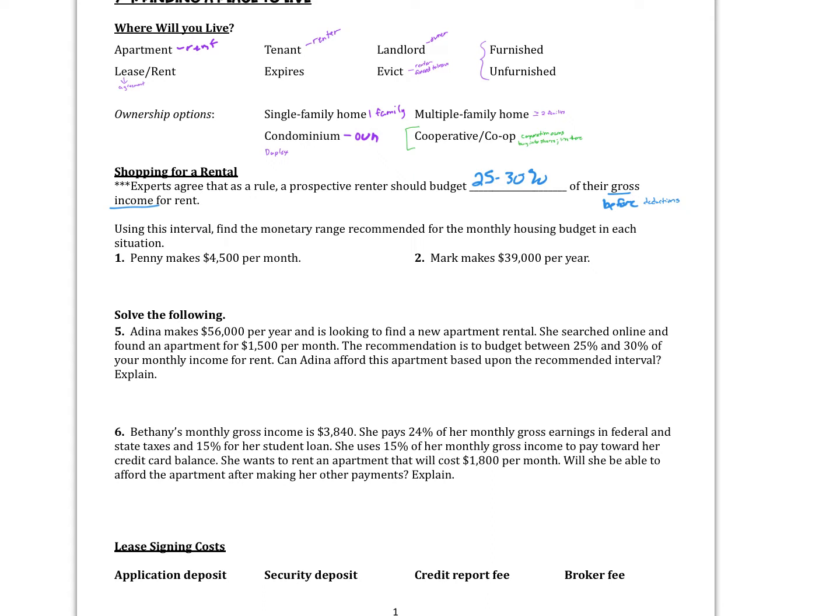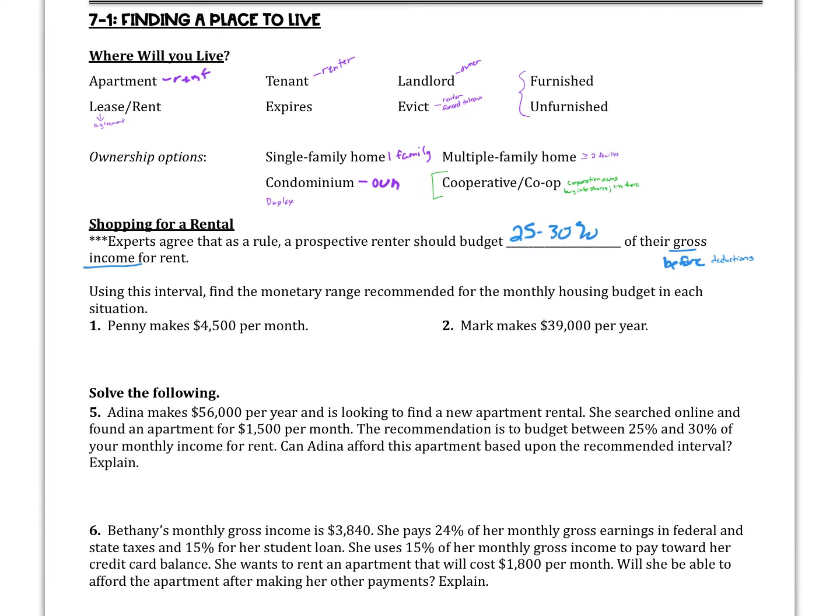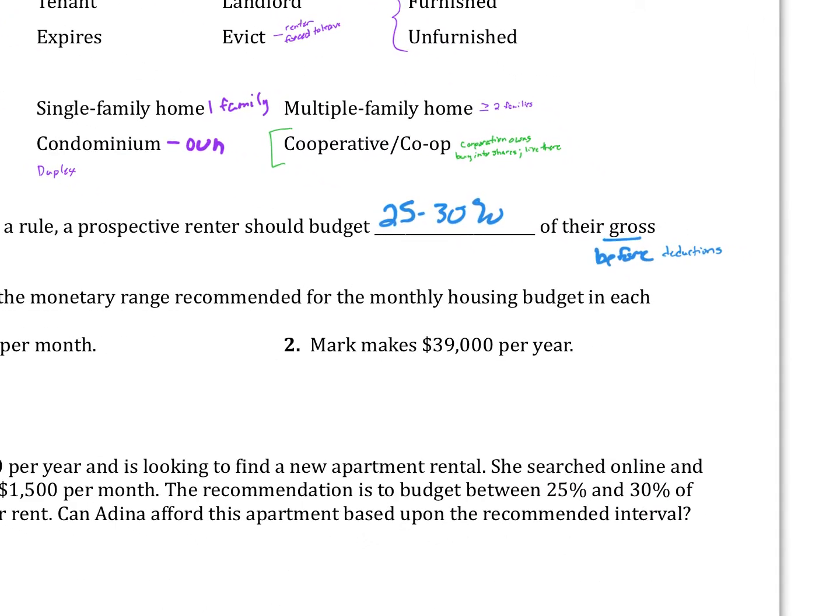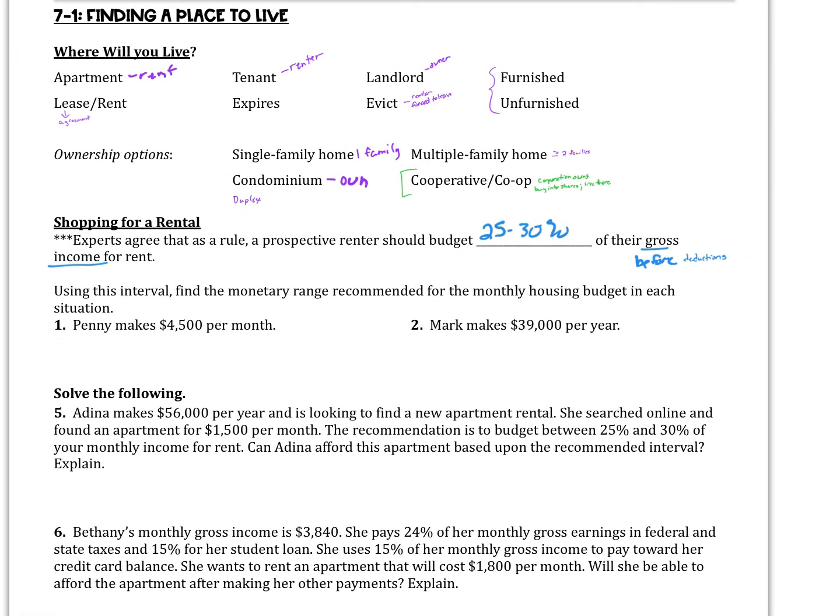So this is a ballpark figure. Ideally, you want to spend on the lower side of that, because you don't know what your expenses are going to be. If this is figured by gross, then there are other deductions that have to happen. You've got electricity, a water bill, a cell phone, and general spending, groceries, shopping that has to be done. So this is just a general guideline that is used.